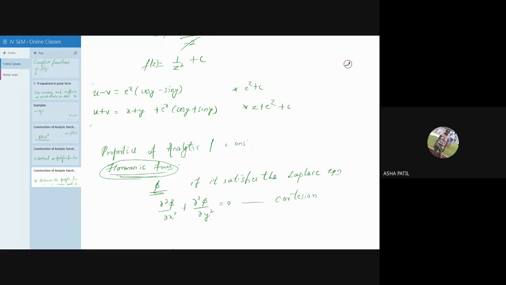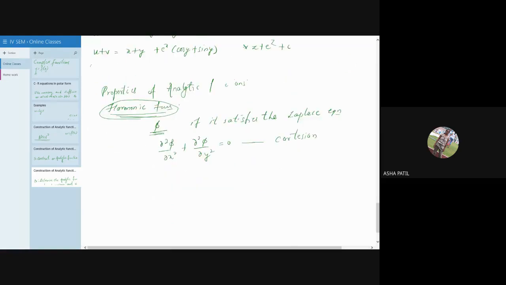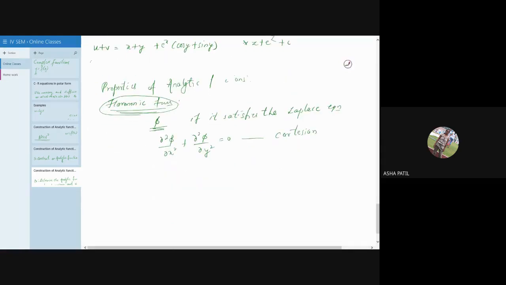Anybody knows what it is in the polar form? I think you won't use it usually. So in polar form, the Laplace equation is given by dou square phi by dou r square plus 1 by r dou phi by dou r plus 1 by r square dou square phi by dou theta square equal to 0.